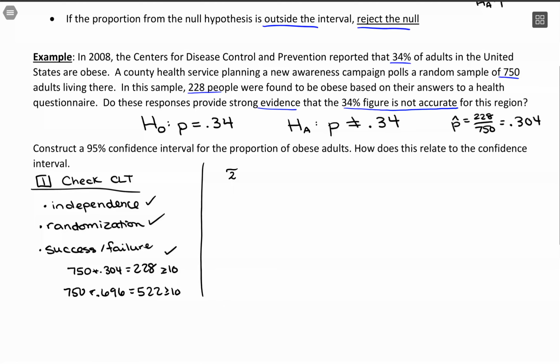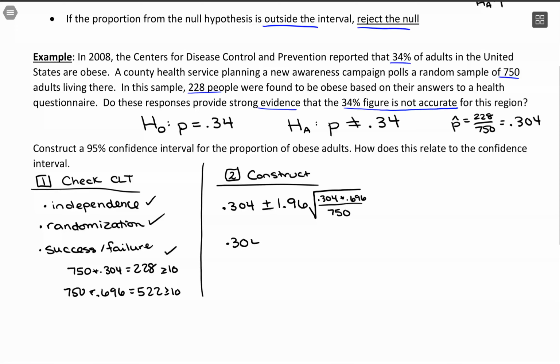Then we're going to construct the confidence interval. We'll take our sample statistic, 0.304, plus or minus our z star. 95% confidence always has a z star of 1.96, times the square root of 0.304 times 0.696 over our sample size of 750.